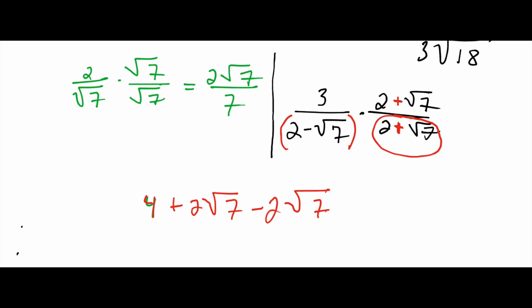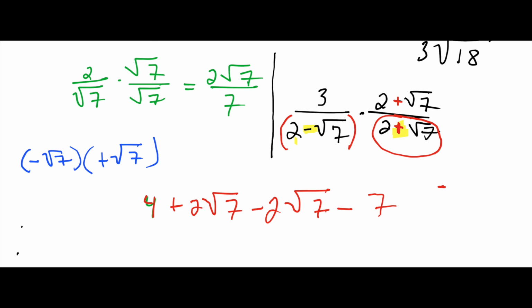Positive or negative? You have a negative times a positive, so it's a negative. So your negative root, negative 7. If you worked out the last step a little bit more, you're doing negative root 7 times positive root 7.